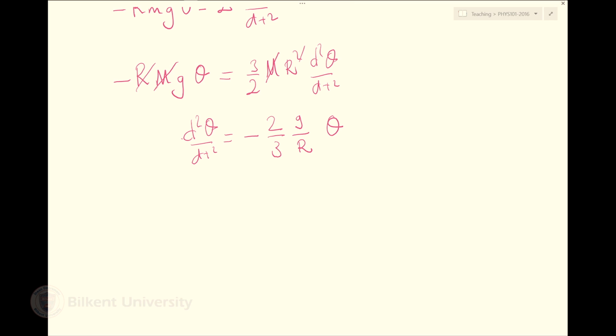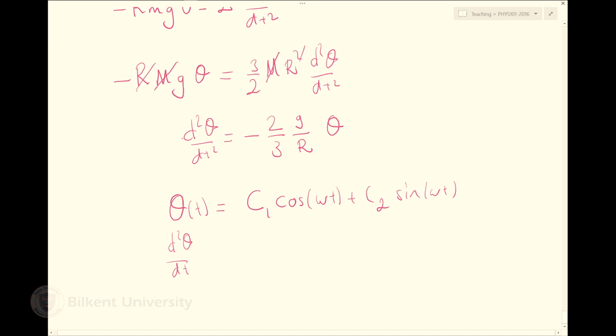I know that if I see this differential equation, the solution is going to be C1 cosine omega t plus C2 sine omega t. And if I take two derivatives, sine and cosine are very simple functions. I'll just get minus omega squared from each one of them, and then the function itself again.